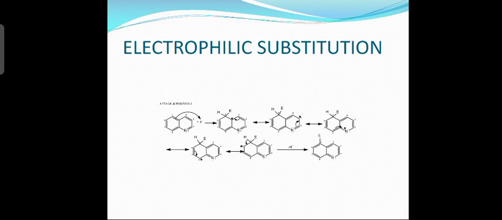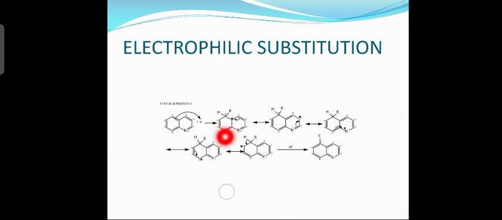So, this is the attack at the 5th position. You can see here, this is the 5th position. Now, in order to have electrophilic attack, the 5th position must be negatively charged. Similarly, the 8th position must be negatively charged for the 8th attack.